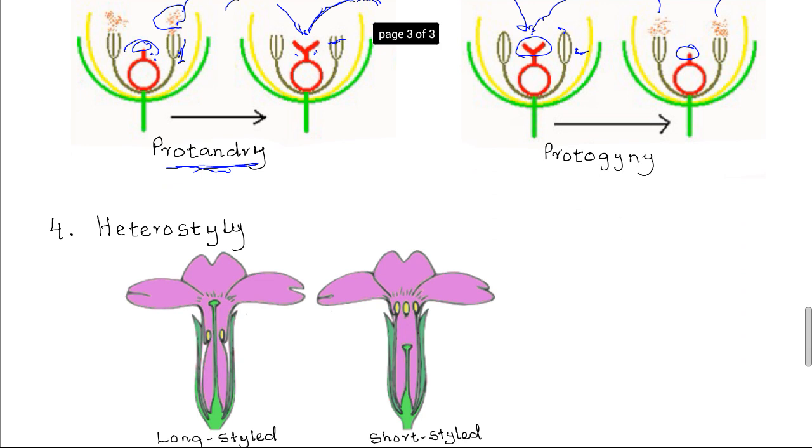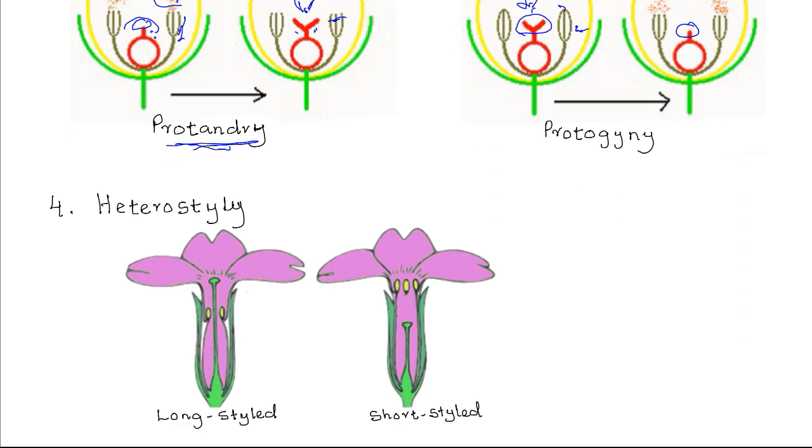Another mechanism is heterostyly. Heterostyly is a condition in which there are two types of flower in a given species that differ in the length of their styles. There's a long style flower and the short style flower. Now, these differences minimize the chances of self-pollination in the type of flower where the long style places the stigma above the anthers.